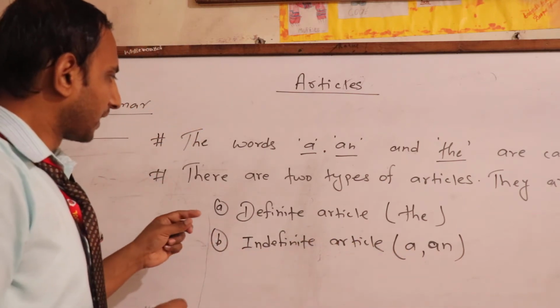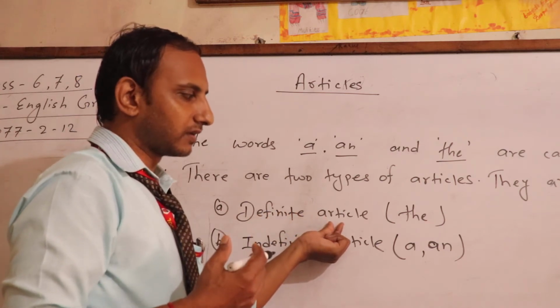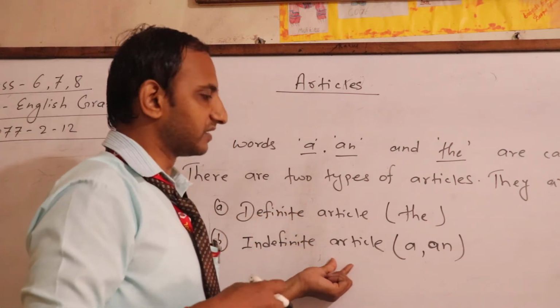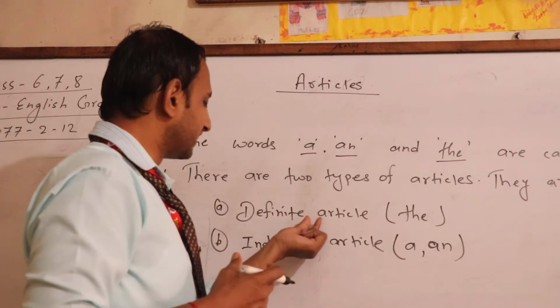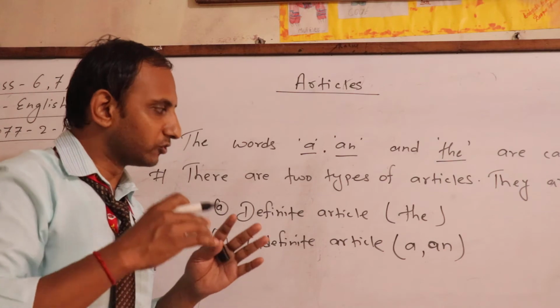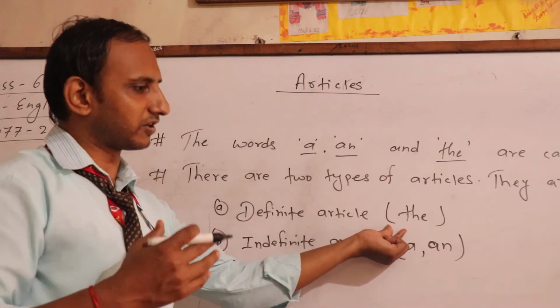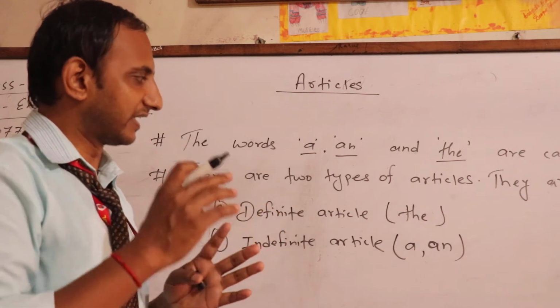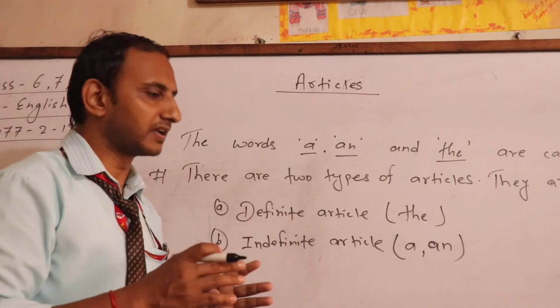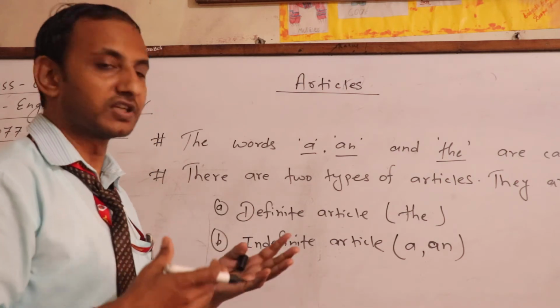So now, definite article means what? Or indefinite article means what? Definite article means when we are using the definite article the, then we are sure that we are talking about the things, the persons that we already know, that we are already clear about.